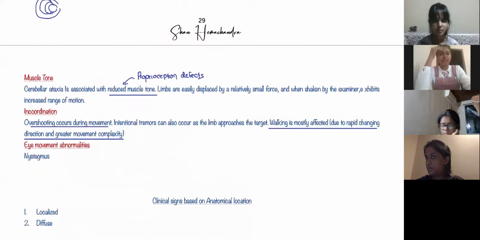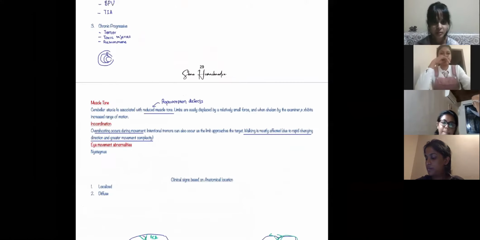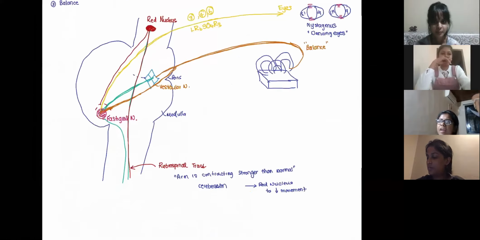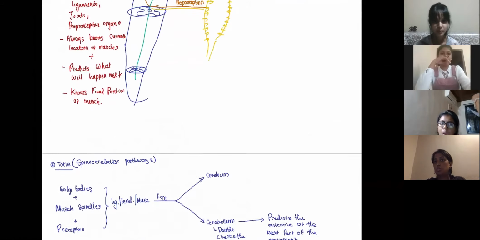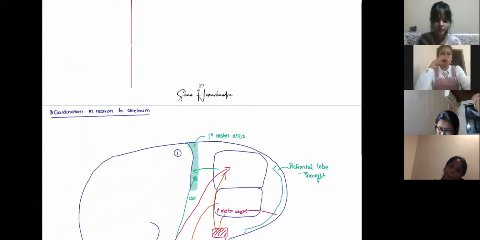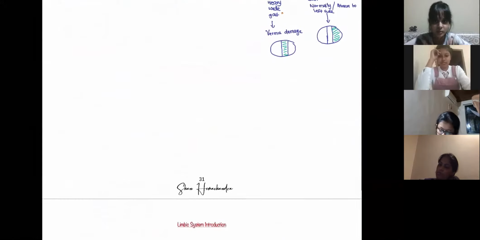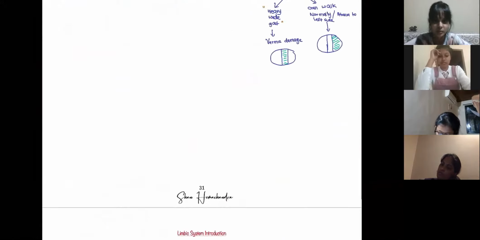Cerebellum is honestly the most confusing topic. So just go through this once again when you're done. The main thing to go through is this part. Okay.